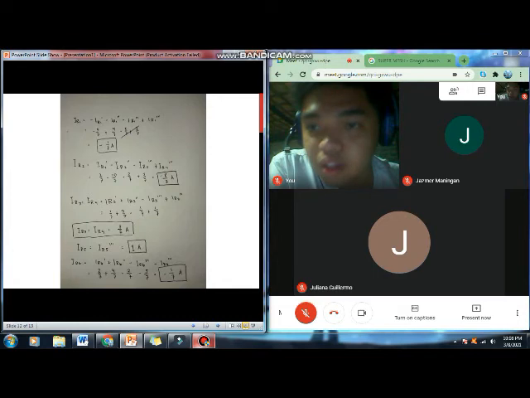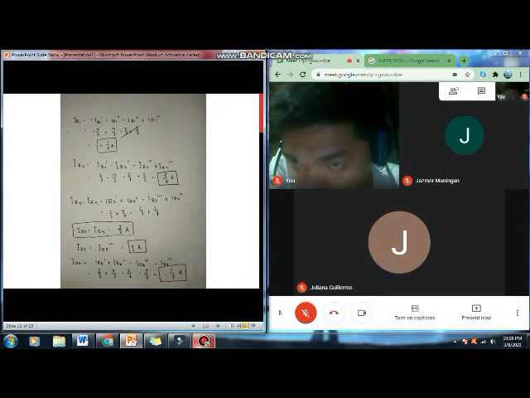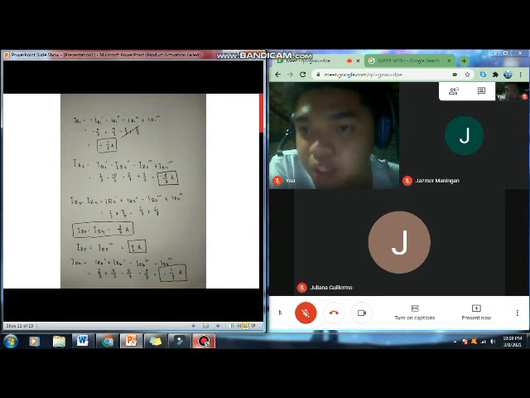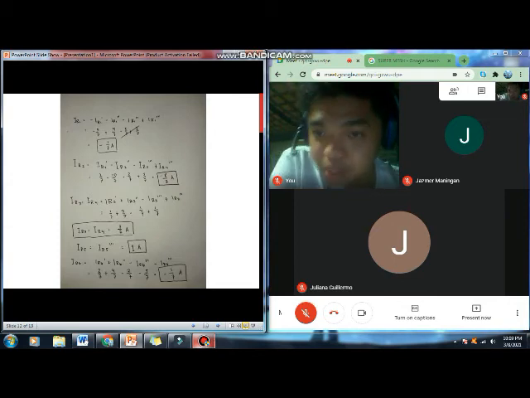The current of the resistor 2 is equivalent to IR2 prime minus IR2 double prime minus IR2 third prime plus IR2 fourth prime. Ito, insert natin ang value: 2 over 7 minus 10 over 7 minus 2 over 7 plus 2 over 7, makakancel ito. Then, ang masasagot natin dito ay negative 8 over 7 amperes.